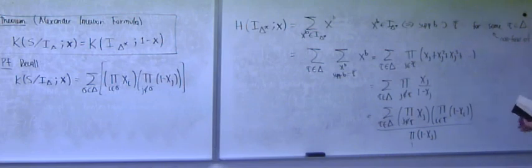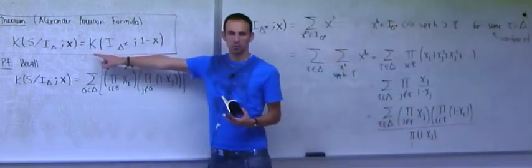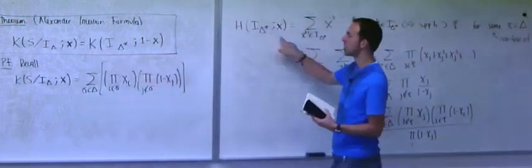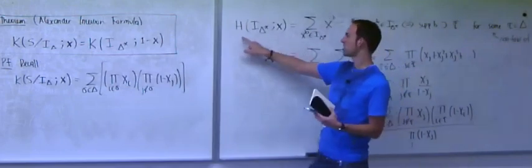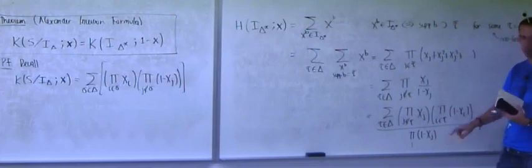Where am I going with this? The thing is that I have a theorem about the k polynomial, and I'm computing the Hilbert series. And what I found is that the Hilbert series is something over the denominator that I expect. Right?